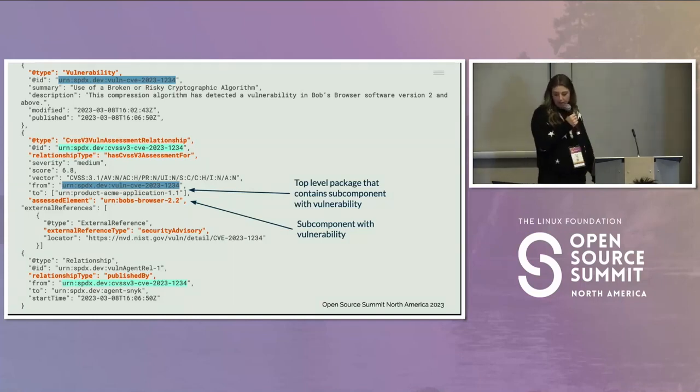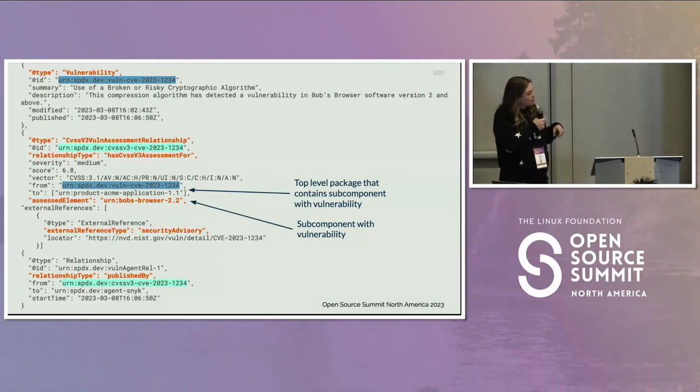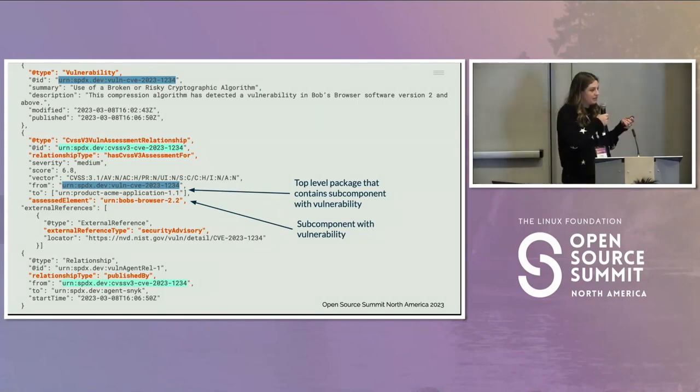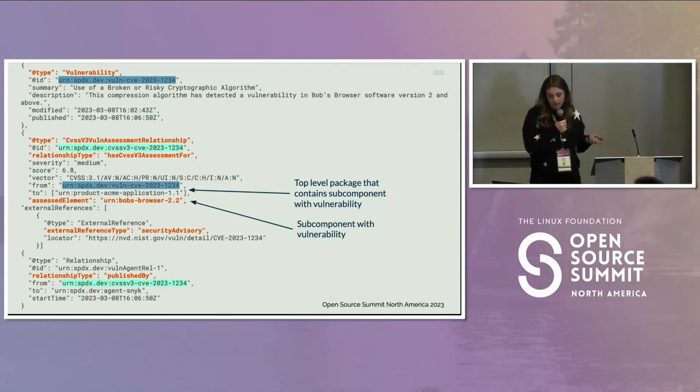And then the assessed element is a security profile piece of metadata that indicates which subcomponent has this vulnerability. So you can see the hierarchy from that diagram that we started with, where the Acme application is that top level component, and then this Bob's browser 2.2 is the subcomponent which actually contains the CVE.